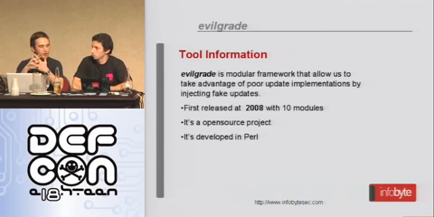Evilgrade was first coded by Francisco, and we released it in 2008 with 10 modules. It's coded in awesome Perl, for the fans. No, not too many Perl lovers, right? It is an open source project.